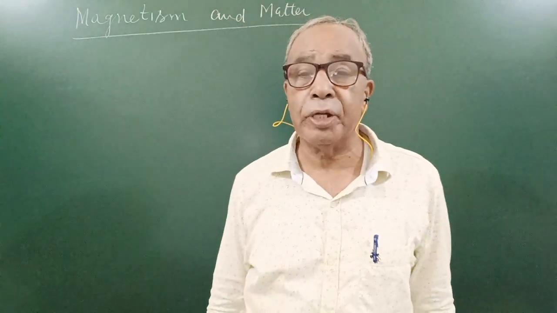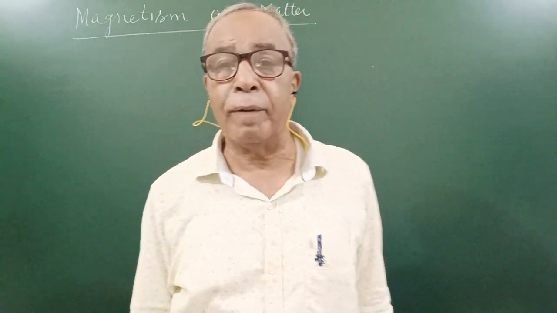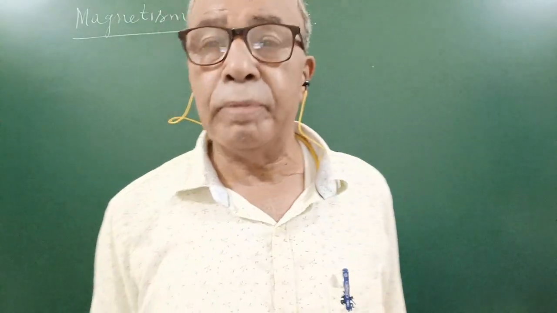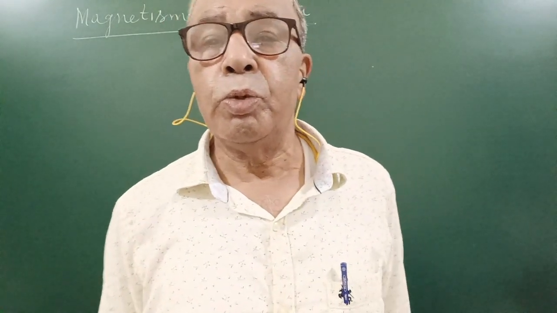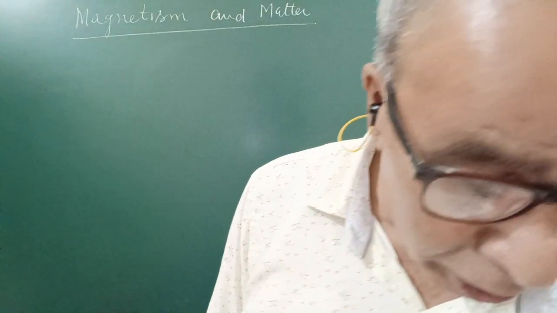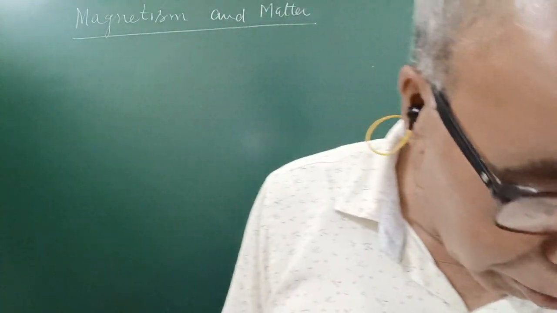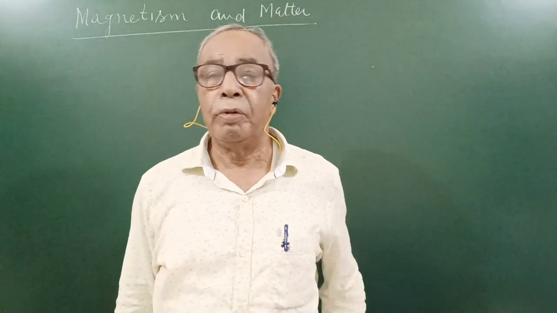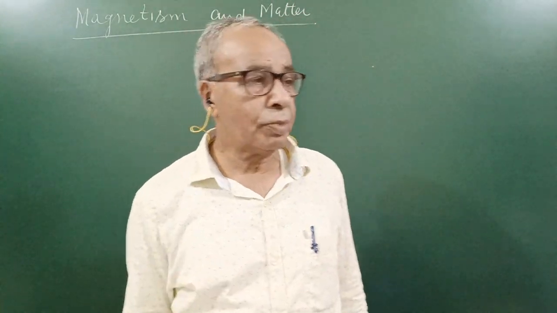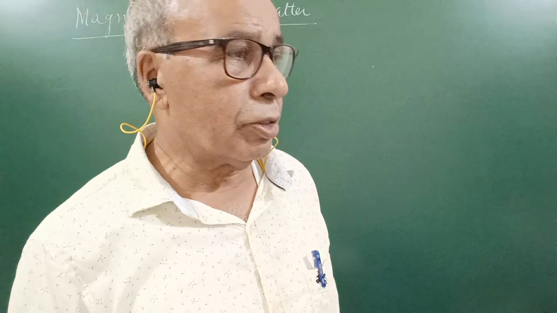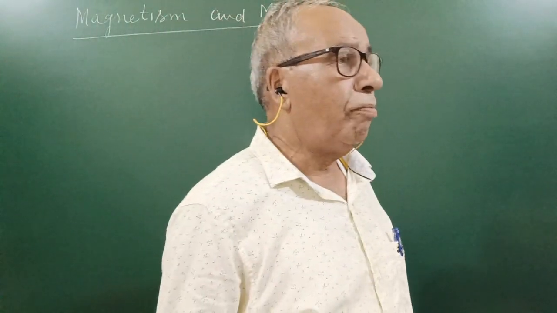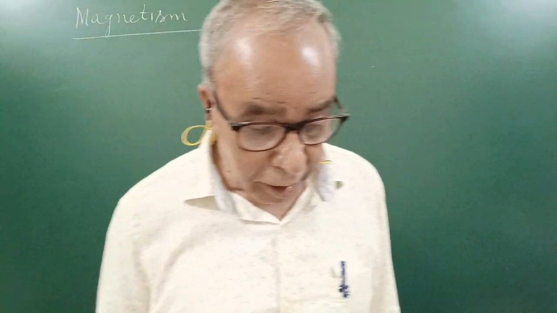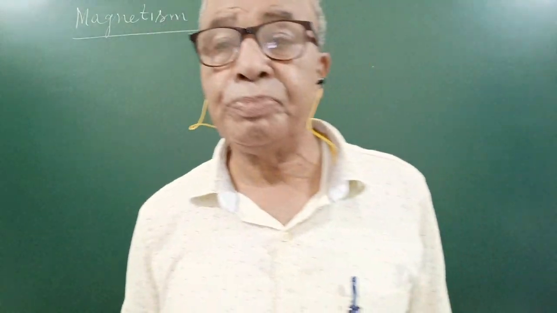Before I start telling something about the bar magnet, I request all my viewers to read the introduction of chapter 5 from the NCERT book. A good story of magnetism is given there, about the origin and when magnetism was discovered, nearly 600 BC.